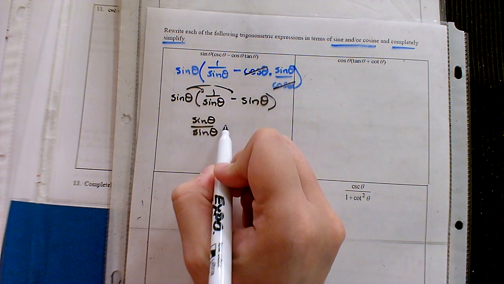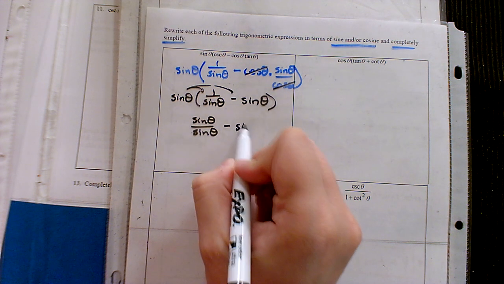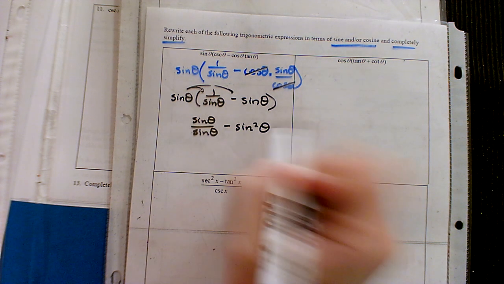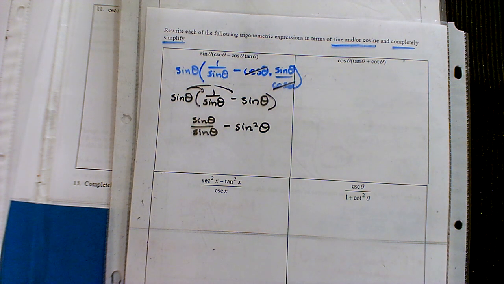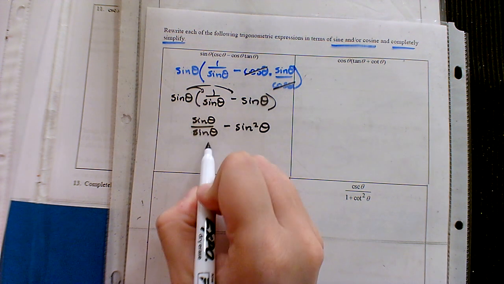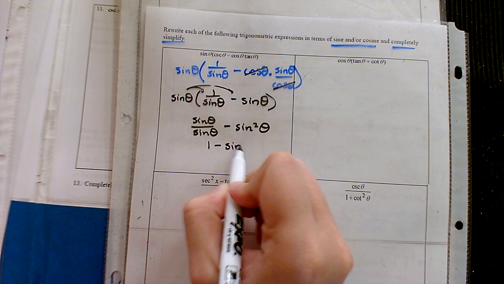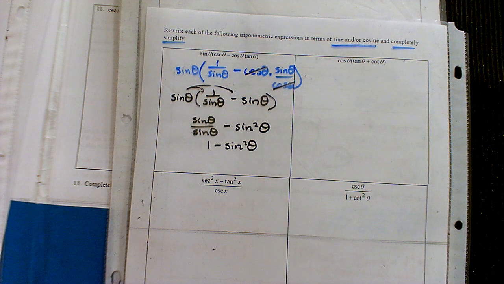And if we distribute it into the other sine, sine times sine would be sine squared. All right. Can we keep going? Anything else going to simplify? It would be 1 minus sine squared theta. There we go. Sine divided by sine is 1.